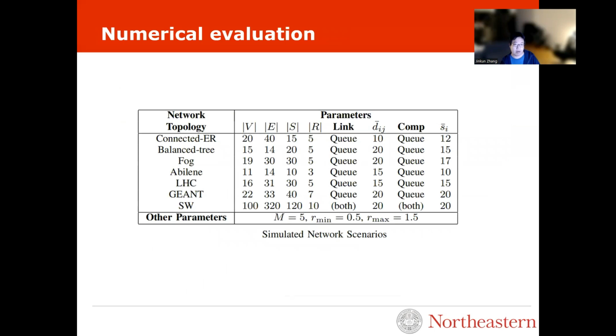Now we tested our algorithm in different network scenarios listed in this table. The tested networks have up to 100 nodes and 120 tasks. And we tested different cost functions, including the convex queuing delay cost and a linear cost.